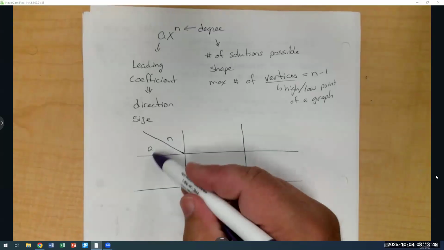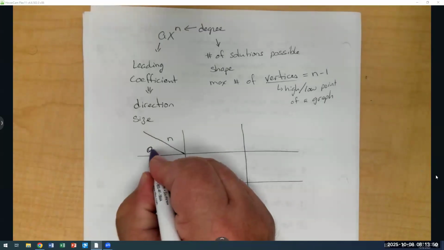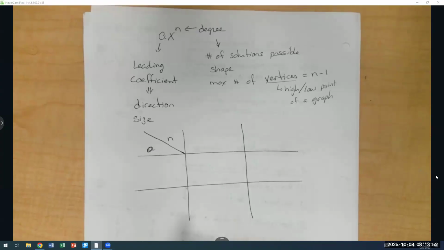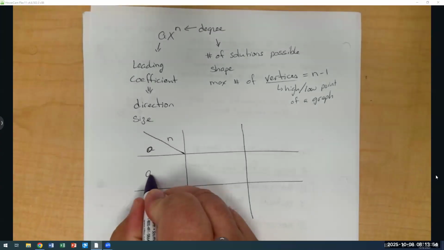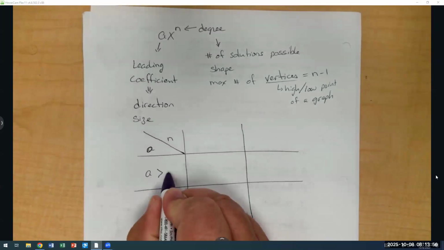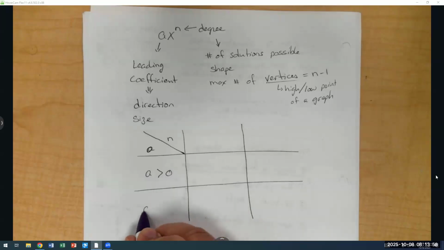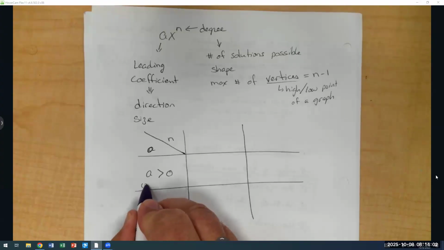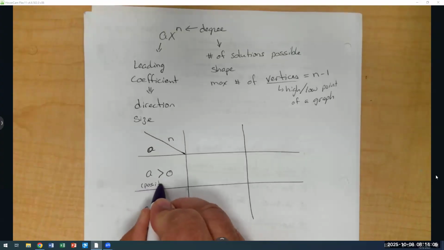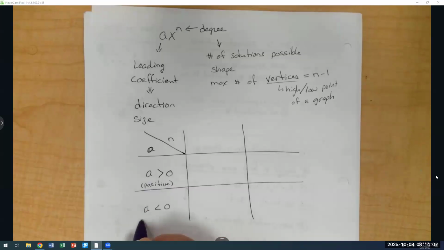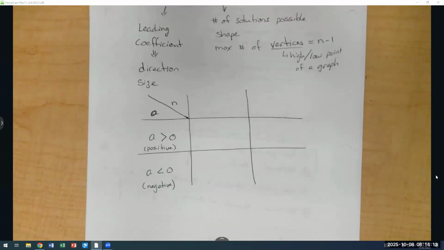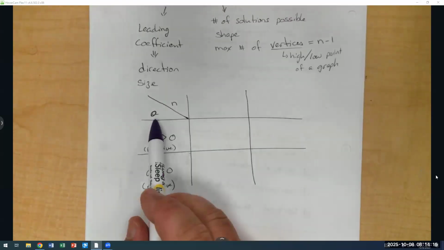In this first column over here, these are my a values. We have two possibilities. A can be positive or A can be negative. Remember, what does A represent?